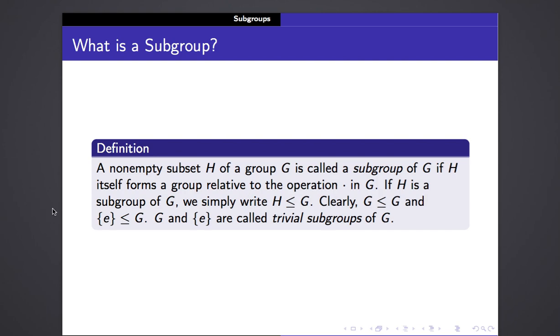And also the singleton set with the identity element is also clearly a subgroup of G. So in that sense, G and this singleton set with identity are called trivial subgroups of G.